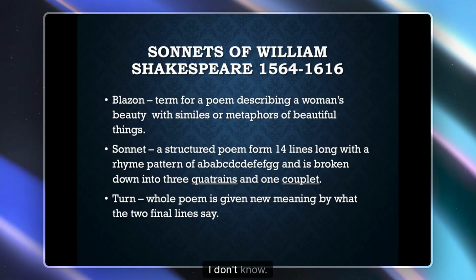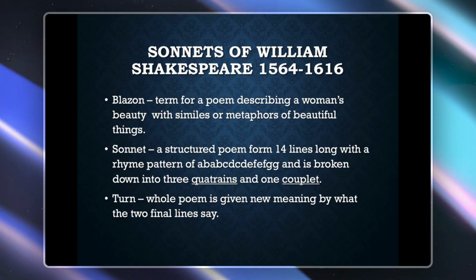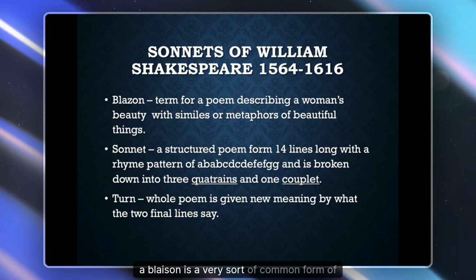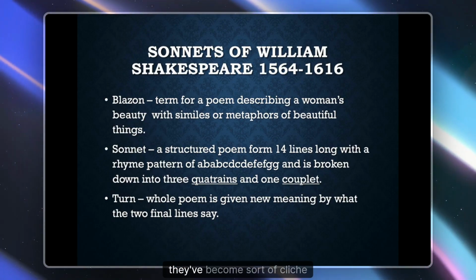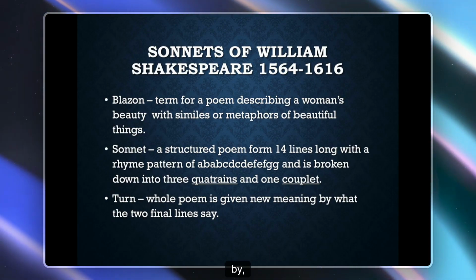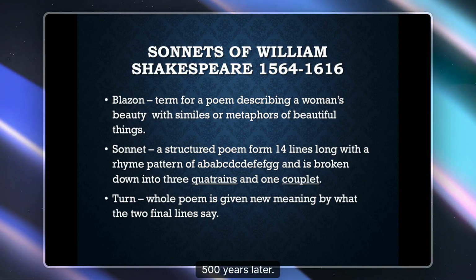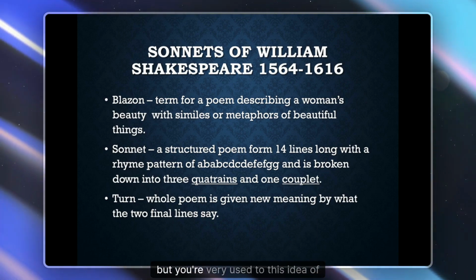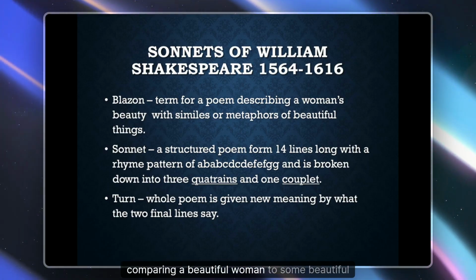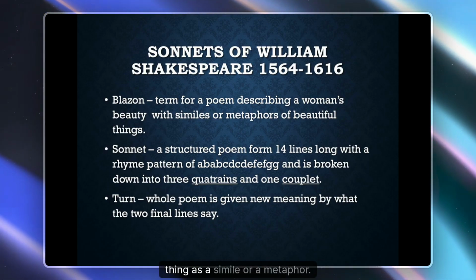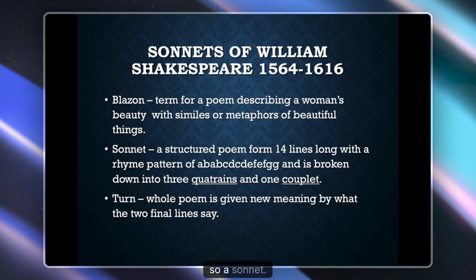I don't know, that one's from Princess Bride. But a blazon is a very common form of romantic poetry during this period. They've become sort of cliche 500 years later, valid. But you're very used to this idea of comparing a beautiful woman to some beautiful thing as a simile or a metaphor.